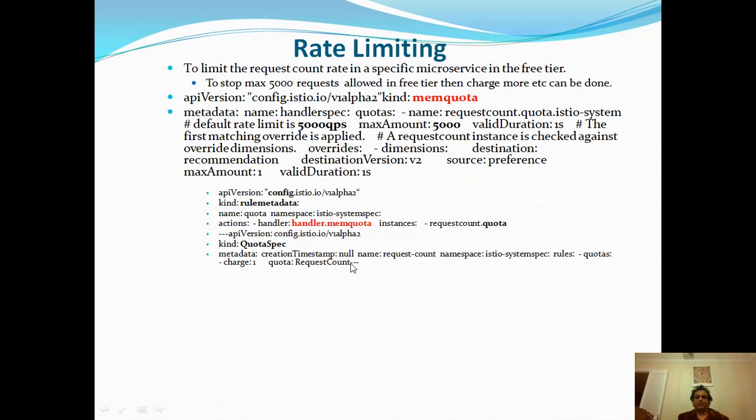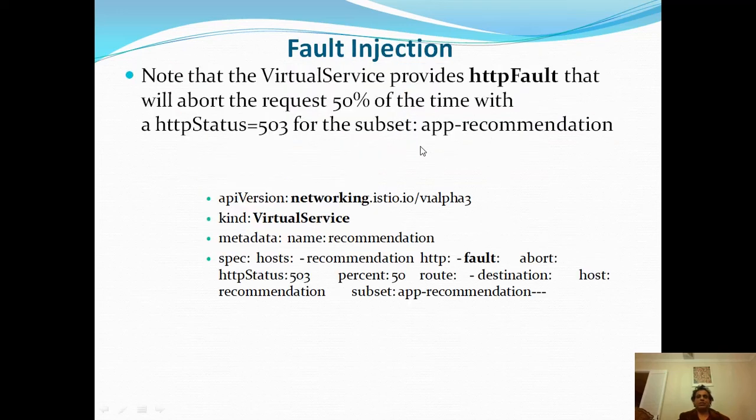That means if the number of requests exceeded some limit, you could stop. Basically, you are limiting the service using this rule metadata. I just want to show what are all the powerful things we could do through Istio. All these are possible because of Istio.